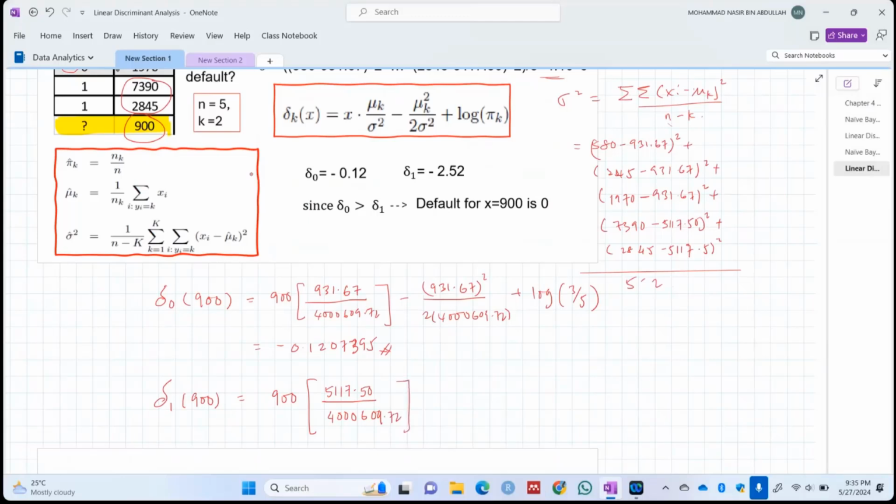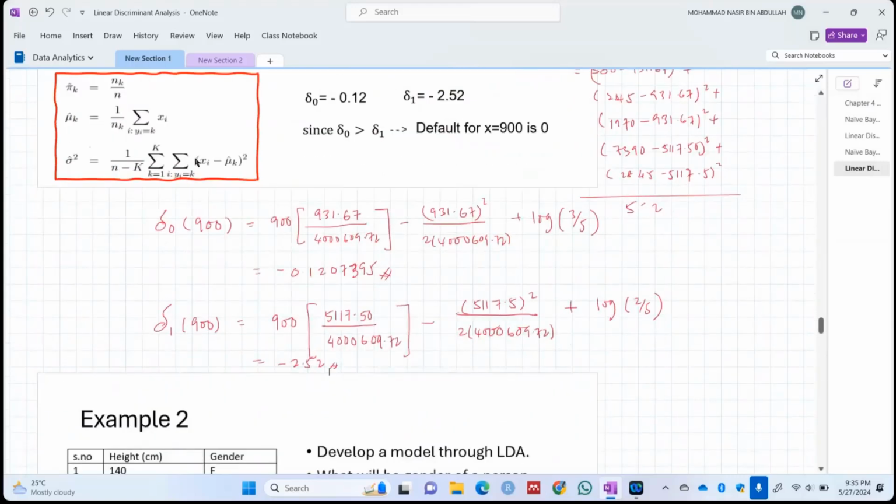This is simple because we assume the variance is equal. So this should be 5117.5 squared divided by 2 multiplied by 400,609.72, plus the log of the prior. What is the prior? 2 over 5. This is log base 10. It should equal negative 2.52.